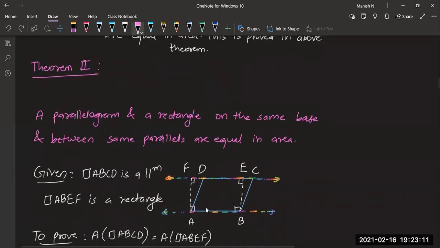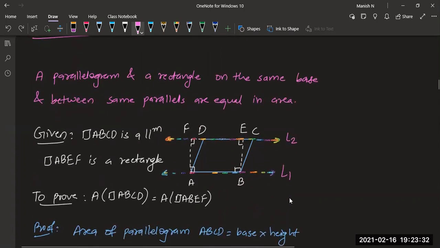So we are given that L1 is parallel to L2. There are two lines, L1 and L2, that are parallel, right? Quadrilateral ABCD is a parallelogram, it is given, and quadrilateral ABEF is a rectangle, this is given, right?